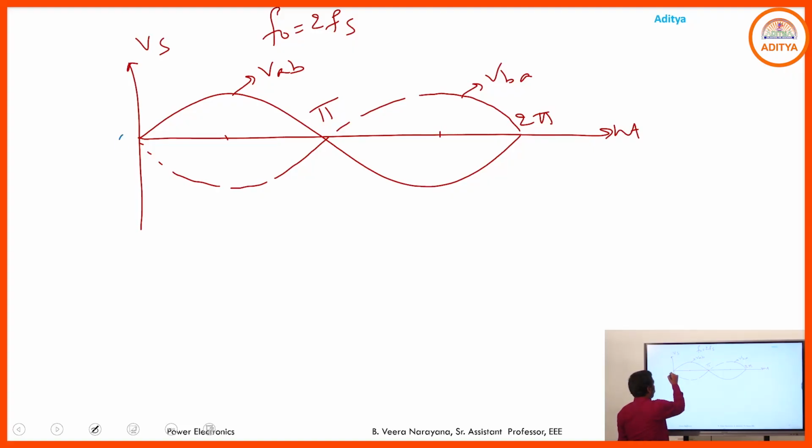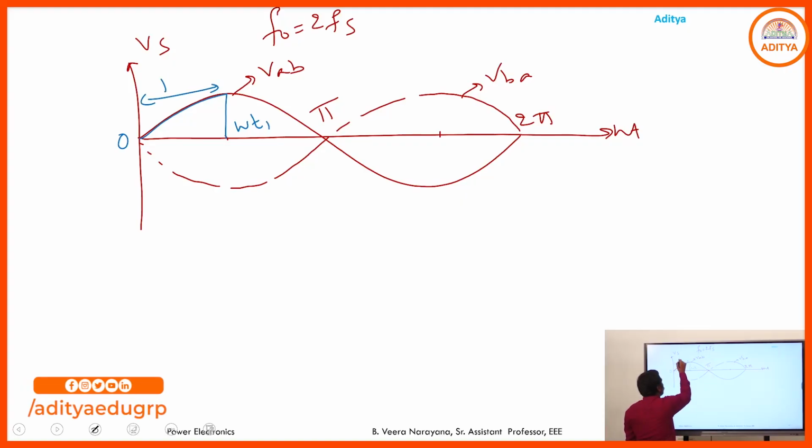From 0 to pi, during the positive half cycle of the supply, P1, P2 and N1, N2 are in forward bias, and P3, P4 and N3, N4 are in reverse bias. I just want to collect the positive output voltage, this one, up to omega T1. You need to maintain the on state of P1, P2.